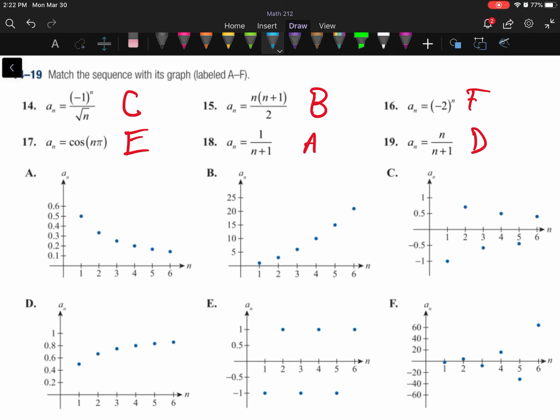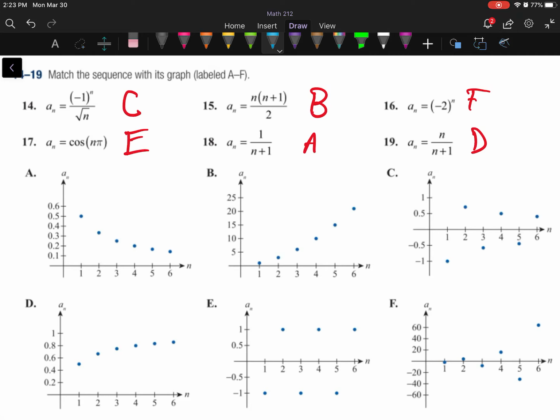This first one, A, is uniformly decreasing, so it seems to match number 18. B is increasing and continues to increase at an increasing rate, so it seemed like 15 was a good option there.